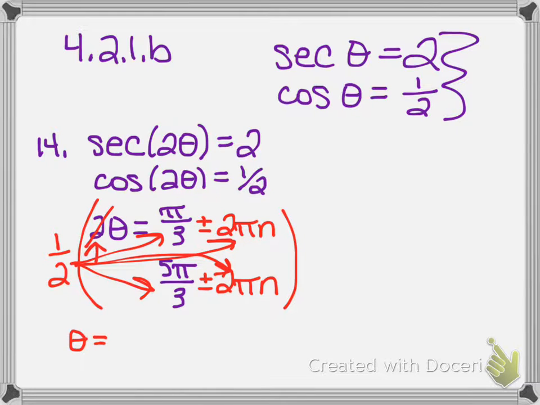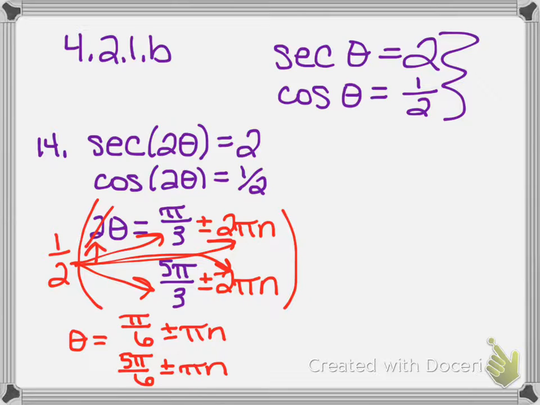So when we multiply through by 1/2, theta's by itself now. The pi thirds becomes pi sixth. The 5 pi thirds becomes 5 pi sixth. And then the 2 pi n's both become pi n. And so that tells us how far we're going to have to cycle to our next answers.